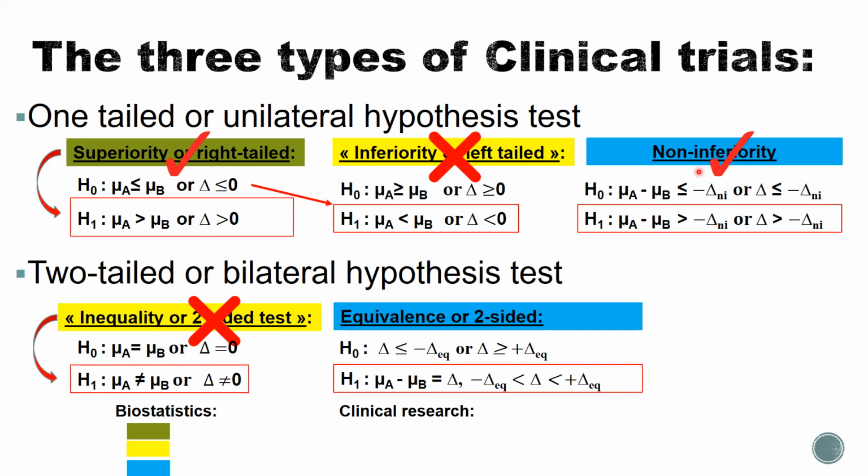So we will definitely want to carry out a non-inferiority clinical trial. Why? Simply because in some cases, for example, we have a drug that is doing so well in the market. However, it has a lot of side effects, and we are able to produce a drug that would have almost the same therapeutic effect.